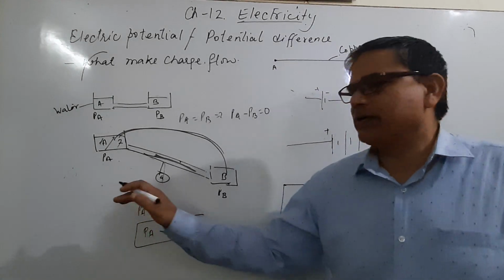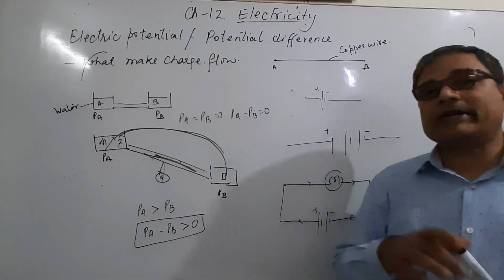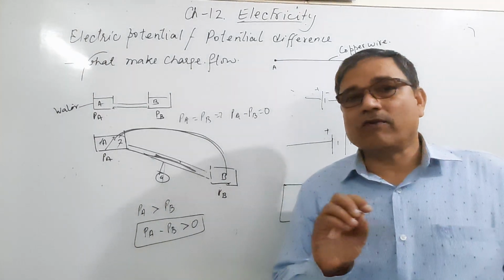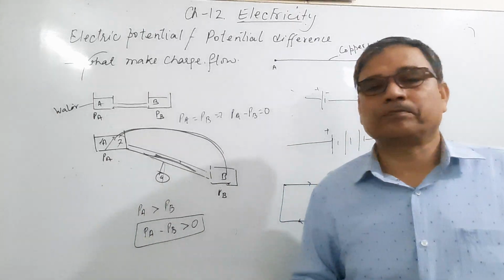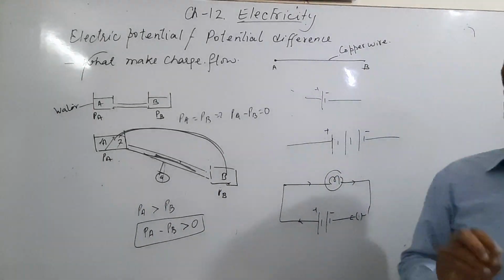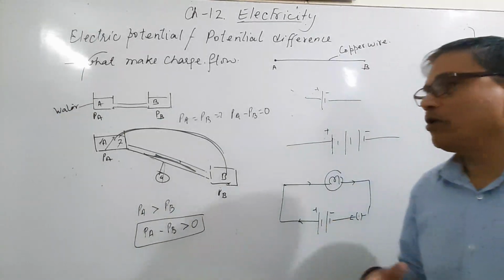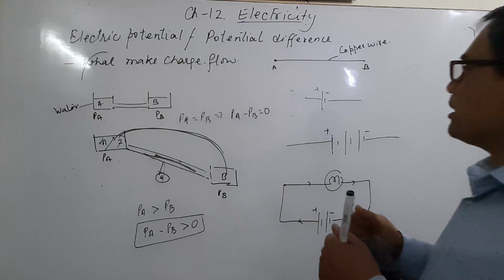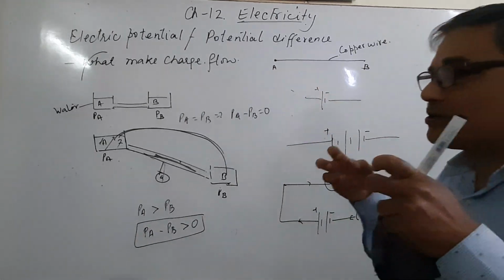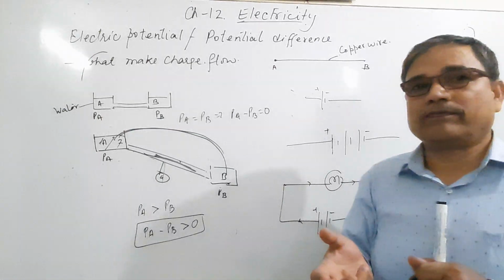Similarly, the charge will not move due to gravity. No gravitational force is applicable for the charge. That means how will the charges flow? The charge will flow only due to electric pressure. It means there is some pressure exerted by the charge itself.